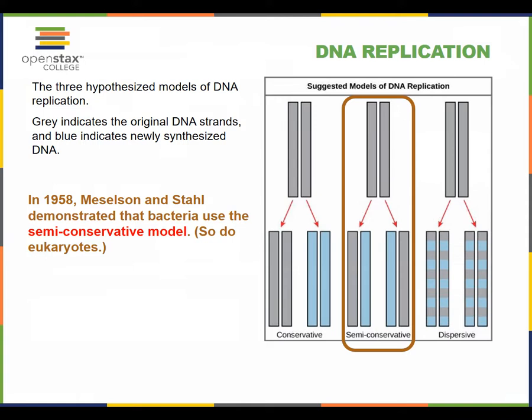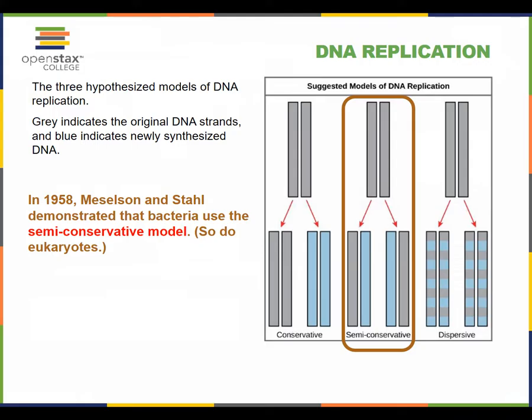And so in 1958, two scientists named Meselson and Stahl, Matthew Meselson and Franklin Stahl, proposed, actually they came up with three proposed models of DNA replication, three hypotheses. We call them the conservative model, the semi-conservative model, and the dispersive model.